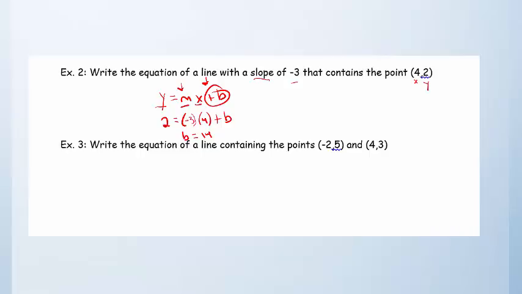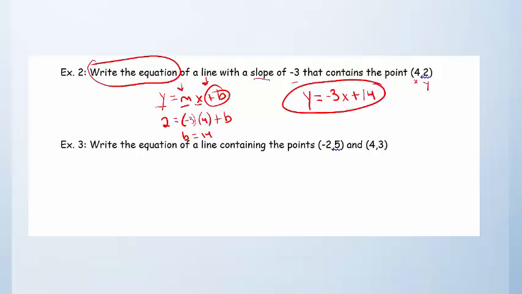However, we're still not done because you were told to write the equation of a line. So we're going to use our y and our x again, but we're going to use -3 as our slope, and our starting point, or our y-intercept, is 14. Notice that anytime you write an equation, you're actually leaving variables in here.